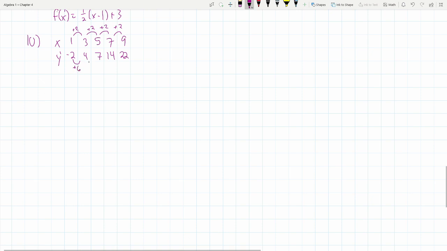To go from 4 to 7 is plus 3. 7 to 14 is plus 7. 14 to 22 is plus 8. And looking at that, I am pretty confident in saying that this is not a linear equation. No pattern.